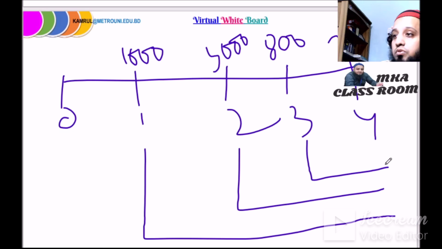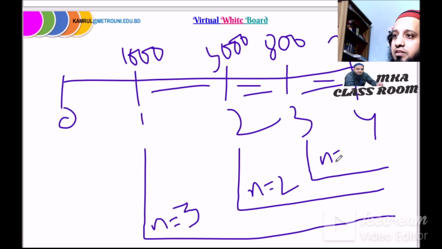N should be 3 for the first 1000, which carries the compounding n equal to 3, then n equal to 2 for the 5000, n equal to 1 for the 800, and n equal to 0 for the 2000, because at the end of year 4 what will your amount be?